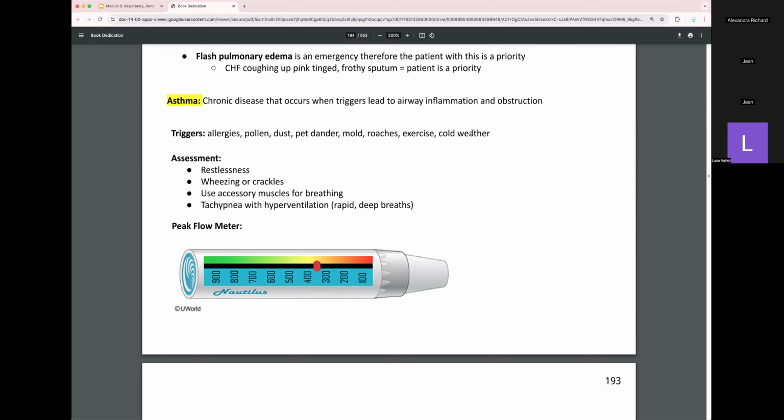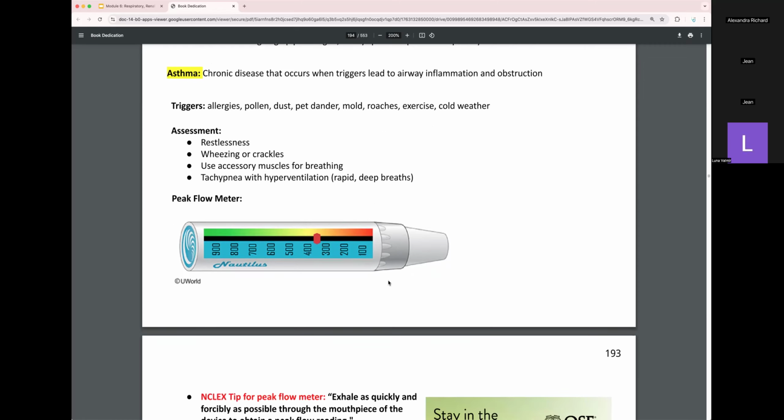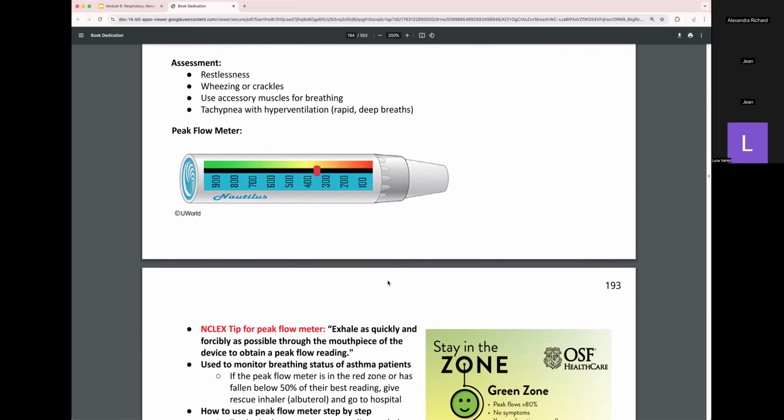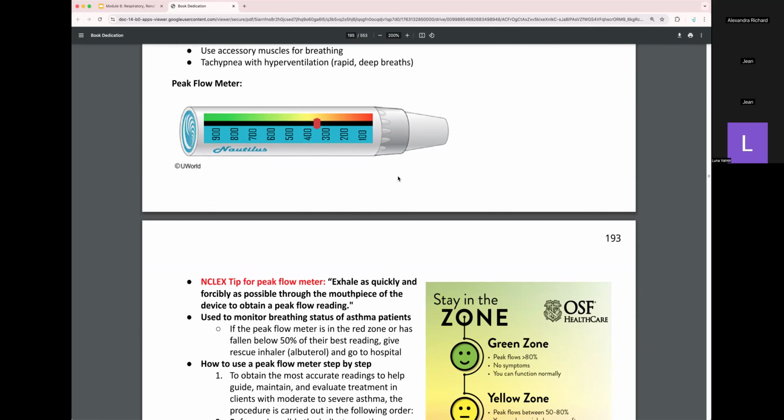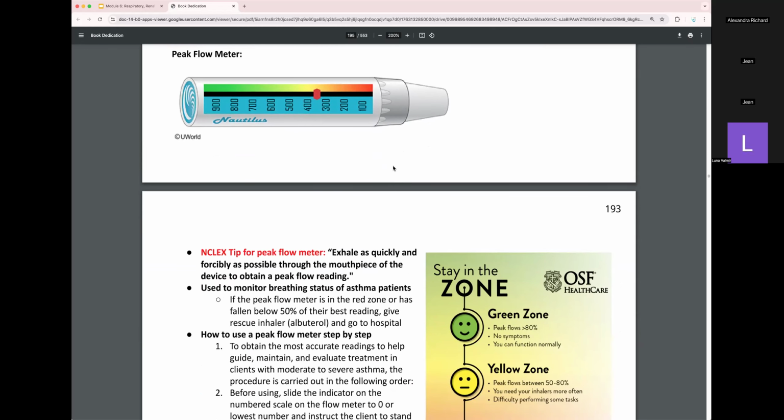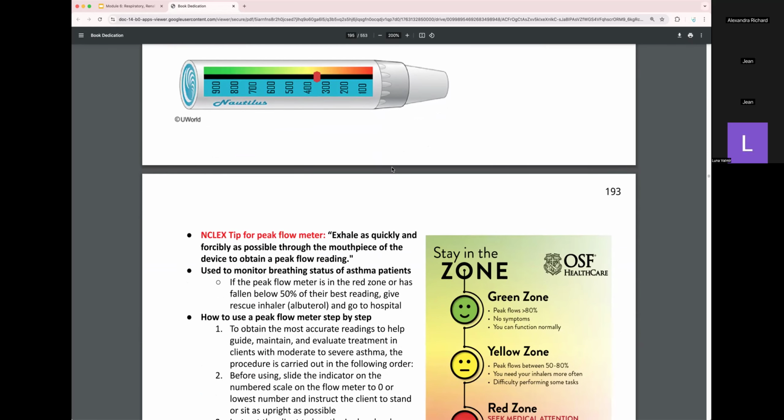Okay. So assessment: restlessness, wheezing or crackles, use of accessory muscles for breathing, and tachypnea with hyperventilation. So first up, you need to know what a peak flow meter is. So this is a picture of a peak flow meter, and it is used to monitor the breathing status of asthma patients.